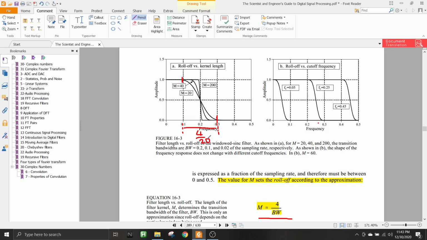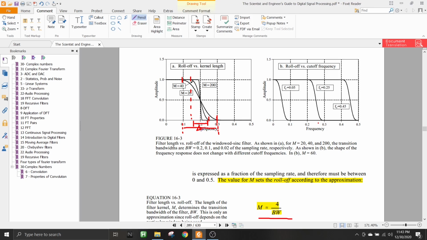But if I now change M from 20 to 40, it starts from here and ends here. So this is the bandwidth. The bandwidth of this will not be 4 by 20, it will be 4 by 40. The length of this is obviously smaller.